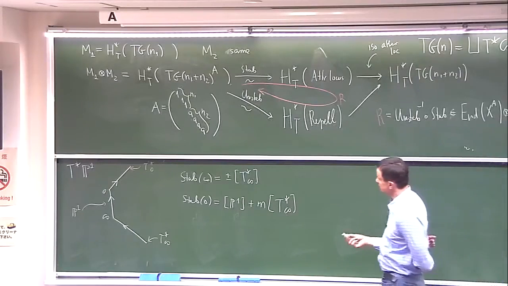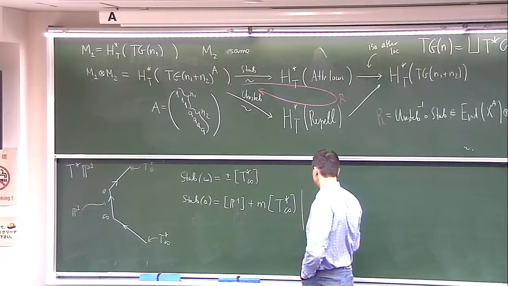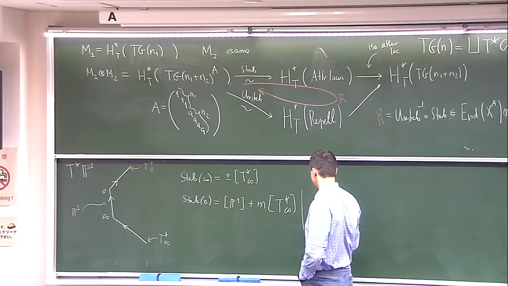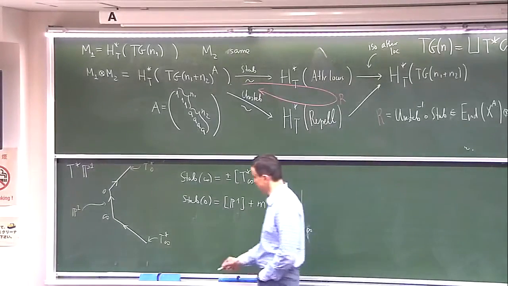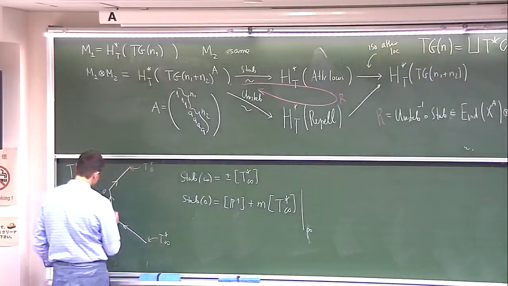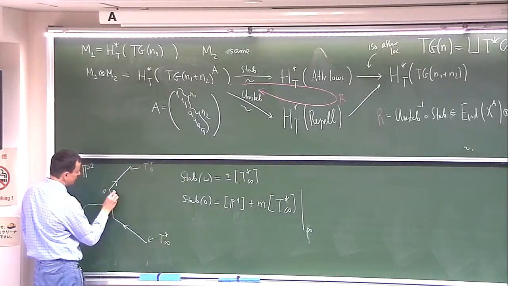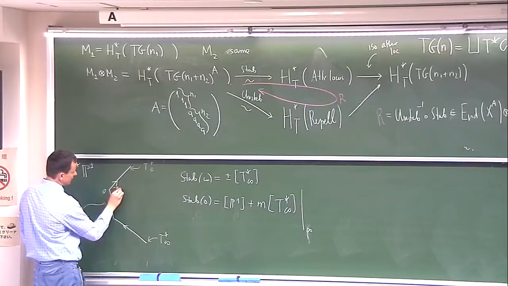And so what's the condition? If we restrict it to infinity, we should get a polynomial. Let's say the tangent weight at 0 is a, and therefore at infinity it is minus a.